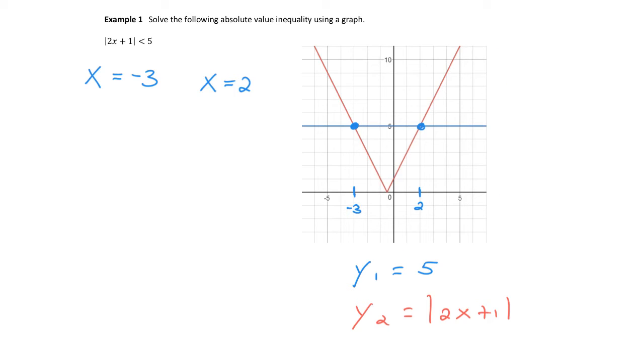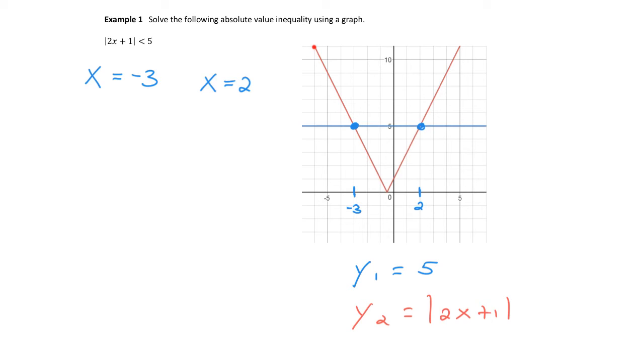So I want to know, where is this graph less than this graph? That's where the absolute value of 2x plus 1 is lower than 5 if you're looking at the y values. And there's only two possibilities. It's either between these two values, or it has to be on the outside of those two values.